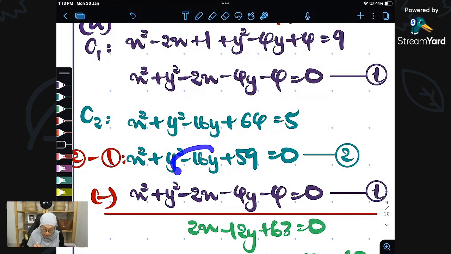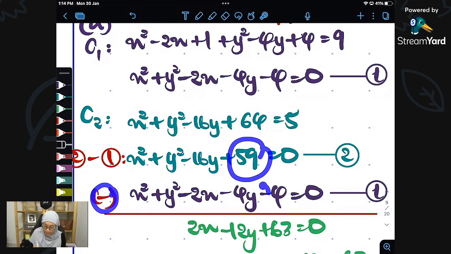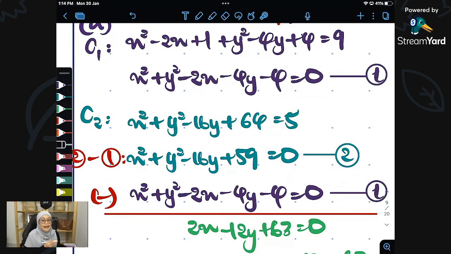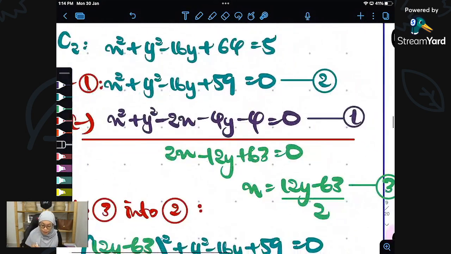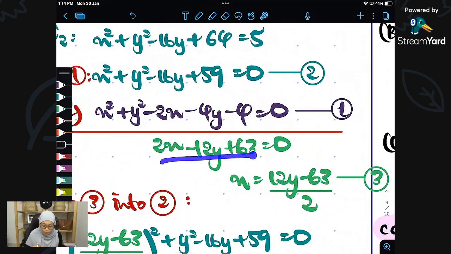Alright, so here negative 16 minus 4, plus 4 will give you negative 12. And then 59 minus minus is positive. So 59 plus 4 is 63. Betul.